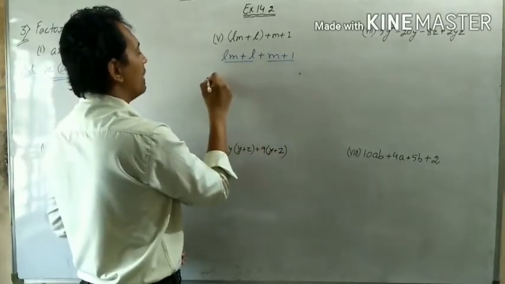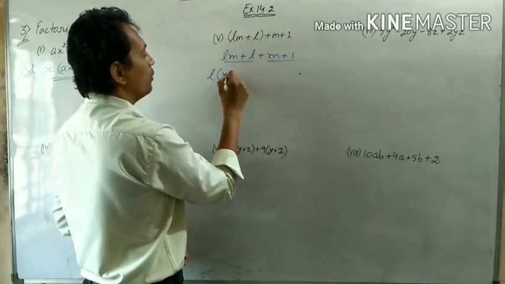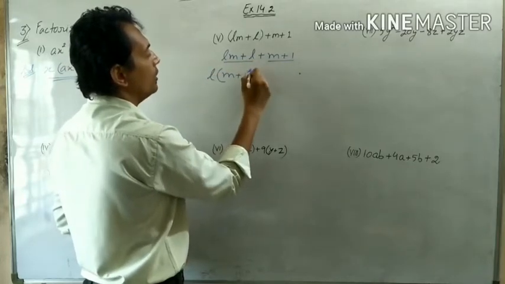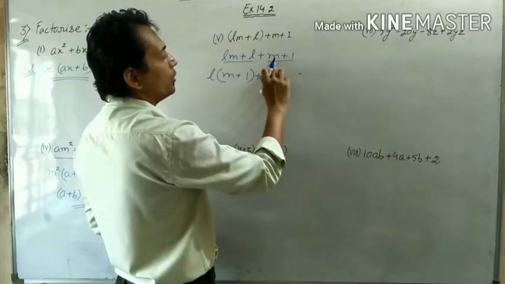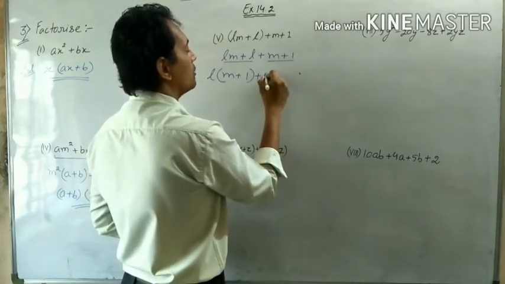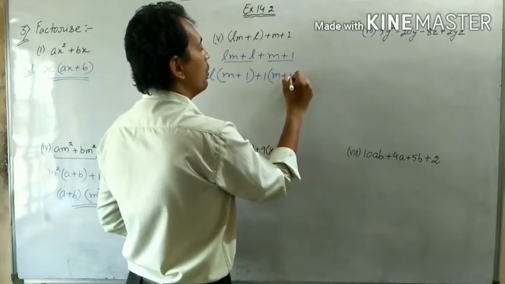From the first 2 terms you have L as common on both sides, and in the bracket you can put m plus 1, because L you have taken common, so we have 1 here. Again plus, now there is nothing common in m and 1, so you can take 1 as common, and the rest of the thing inside is m plus 1.